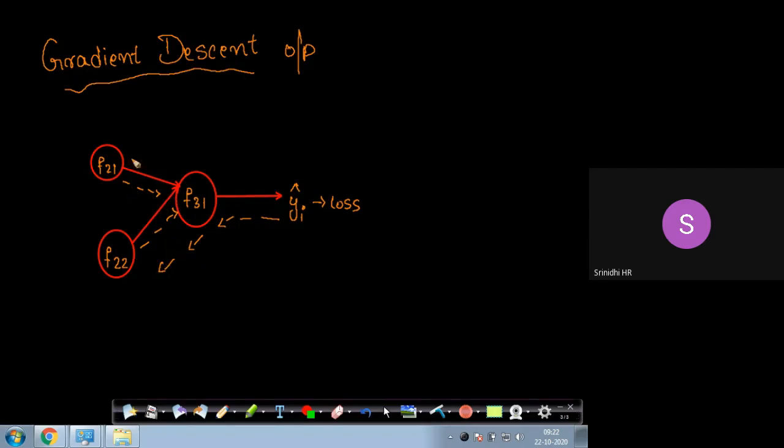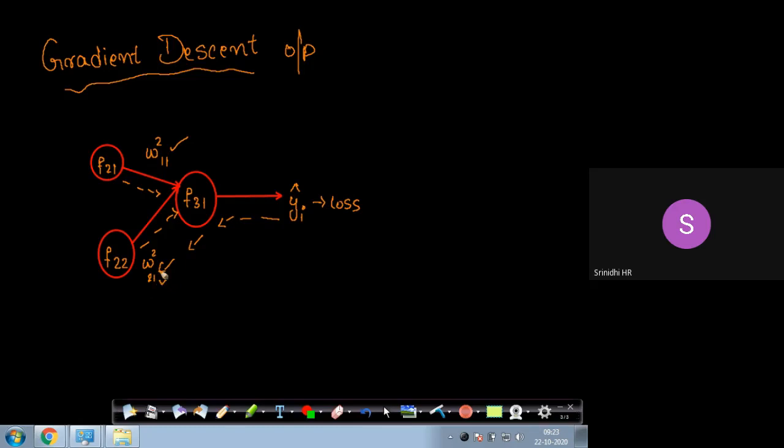Let's say this weight is w11 power 2, and this is w21 power 2. Let's assume that. Now I want to update these weights, w11 and w21 power 2.